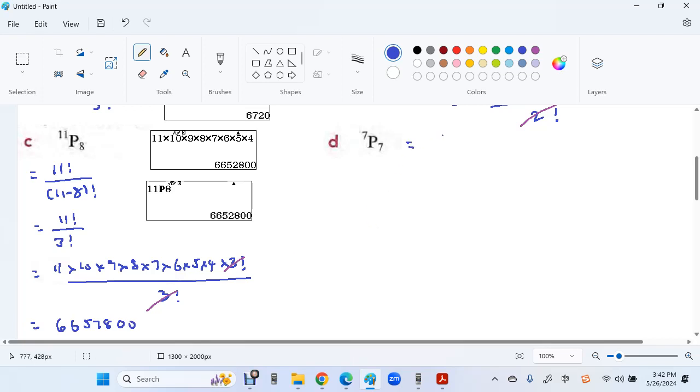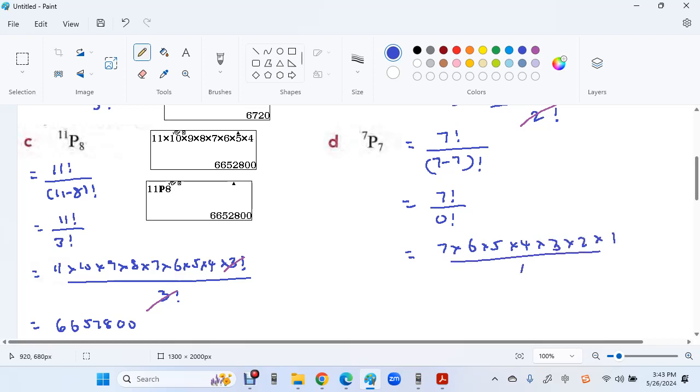7P7, then it will be 7 factorial over (7 minus 7) factorial. So it will be 7 factorial over 0 factorial. So 7 times 6 times 5 times 4 times 3 times 2 times 1 over 1.